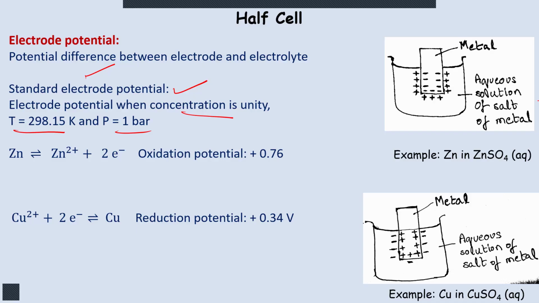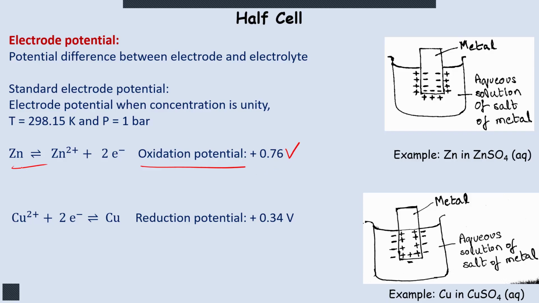Now we discussed that in case of metals like zinc, more of oxidation takes place. So the respective electrode potential is oxidation potential. So for zinc, the oxidation potential is plus 0.76 volt.